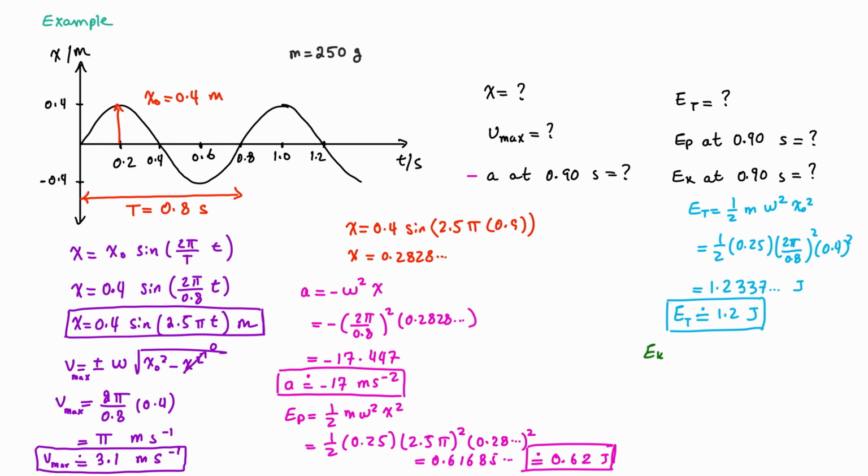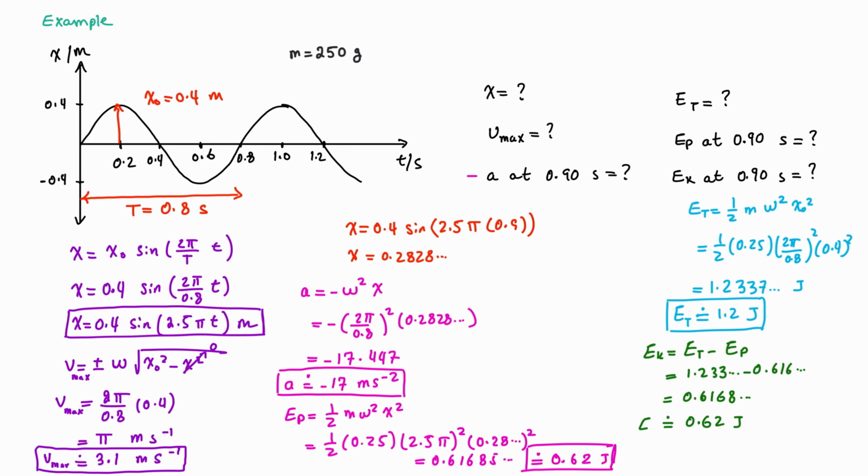So for kinetic energy, we can use the equation, or we can just write EK is equal to the total energy minus the potential energy at that point. We're using the same time here, so that's 1.233 minus 0.616, and when we do this we get 0.6168 again, which is approximately 0.62 joules.